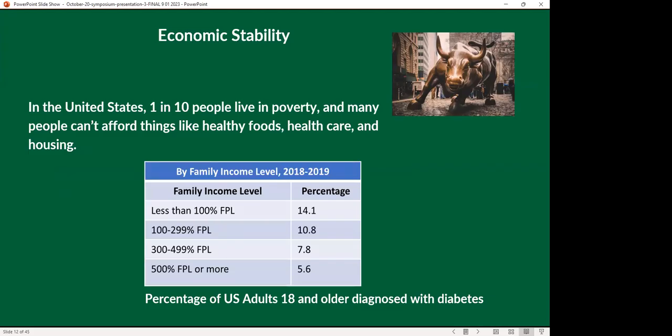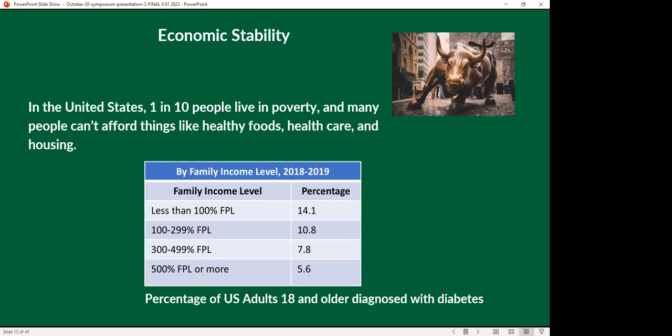So let's look at this from the CDC, and how it impacts the prevalence of diabetes in USA adults 18 and older. Here we see that the individuals that live in poverty have a higher prevalence of diabetes than individuals that do not.